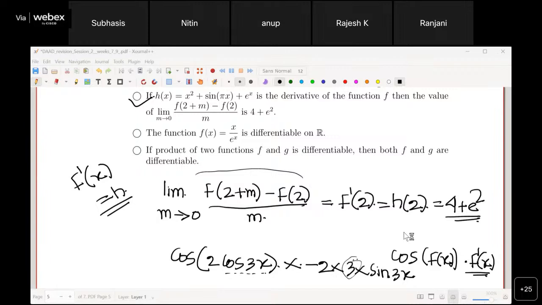Differentiability implies continuity. Continuity doesn't imply differentiability. So if it is differentiable, then certainly you can say that this function is continuous. But if this function is continuous, from there you can't say anything about the differentiability of the function.